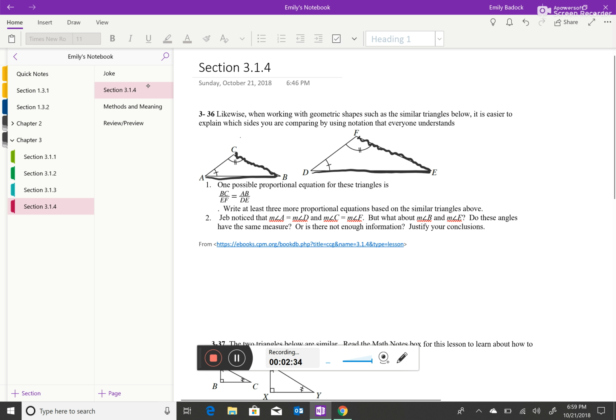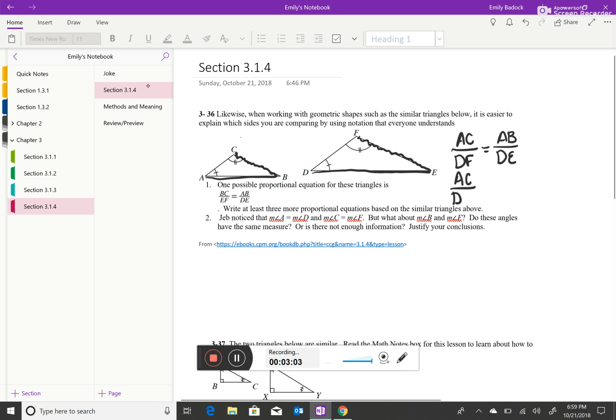So we could write AC over DF is equal to AB over DE. We could write AB over DE is equal to, no, we'll go back to AC.